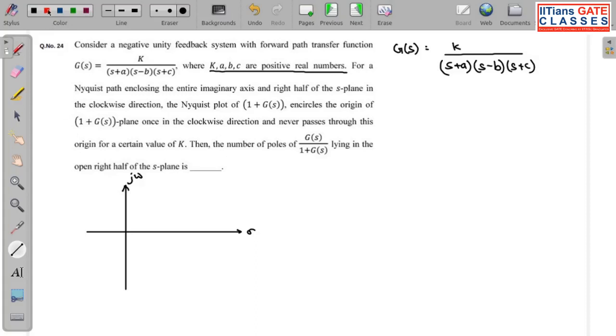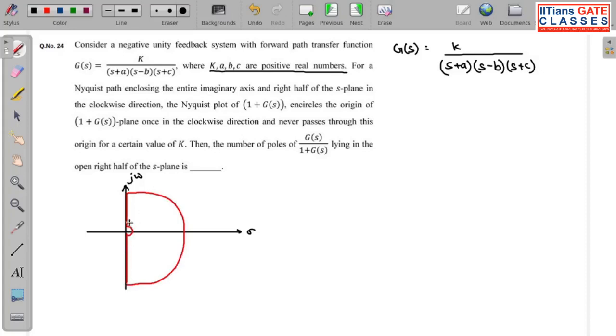So let me draw the Nyquist contour in red color. They have given you a Nyquist path enclosing the entire imaginary axis.